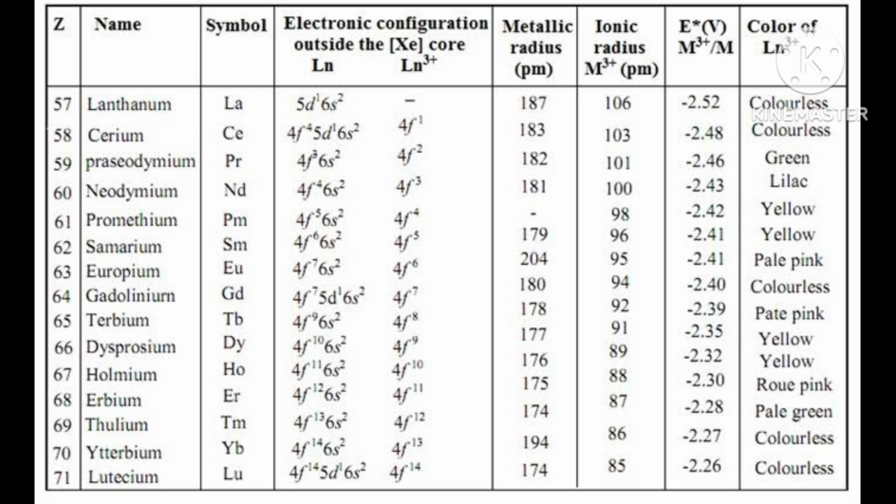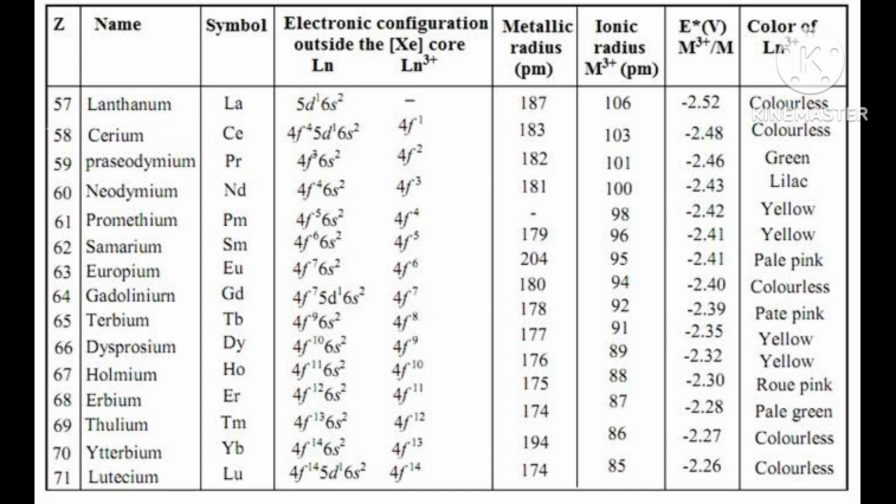Then now f has taken that electron also, a new electron also. Then now it became 4f9 6s². And now here again contraction started. Contraction, 178. You see how it started from 187. Now it is 178 contraction. And for this, what is the plus 3? Ln3+ is 94.